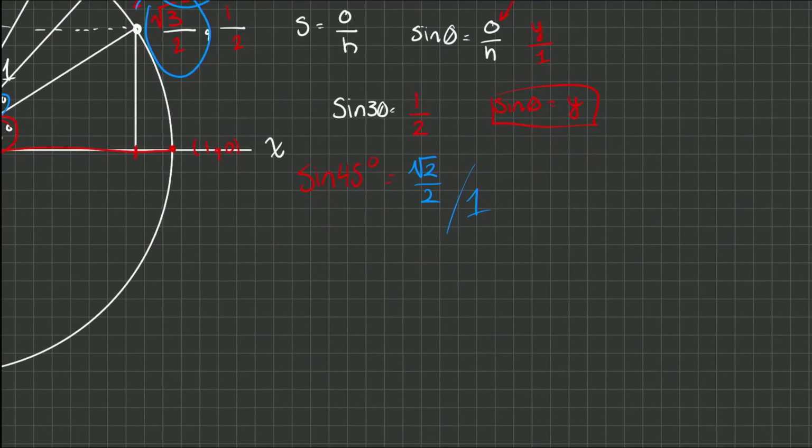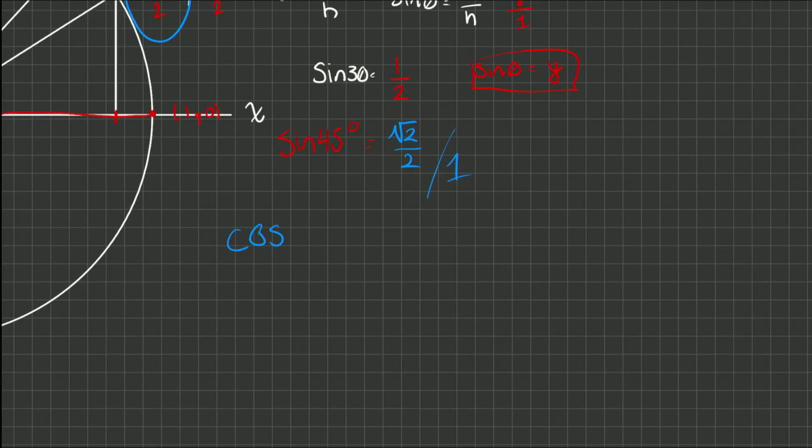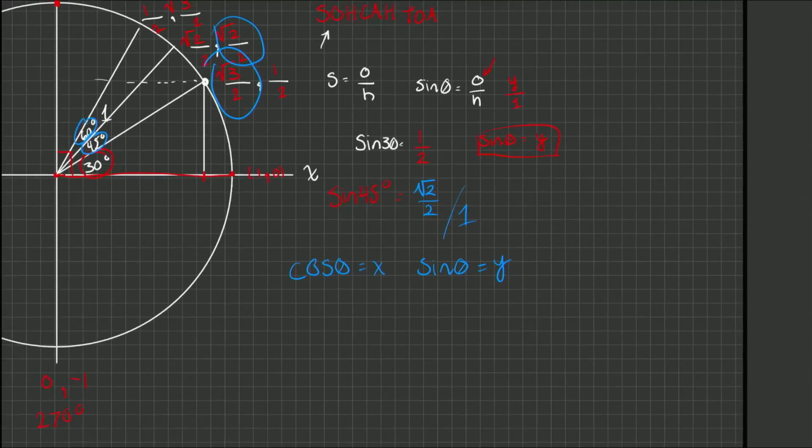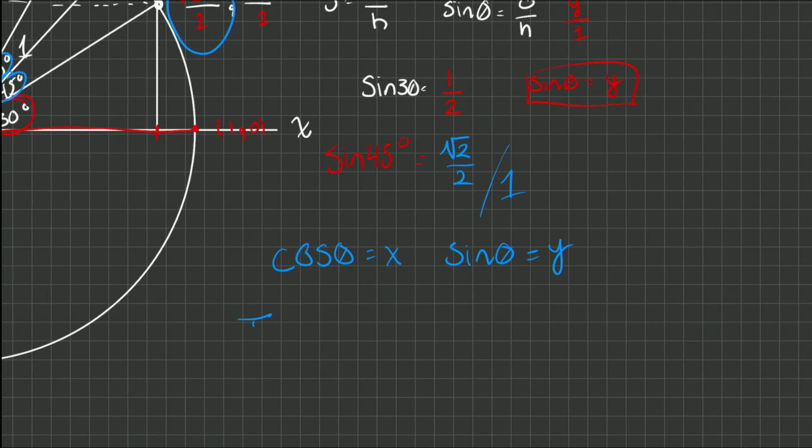So now that we've defined cosine theta, which is equal to x, and sine theta, which is equal to y, we can use this. We haven't discussed tangent yet. So where does tangent come in? What is tan theta?